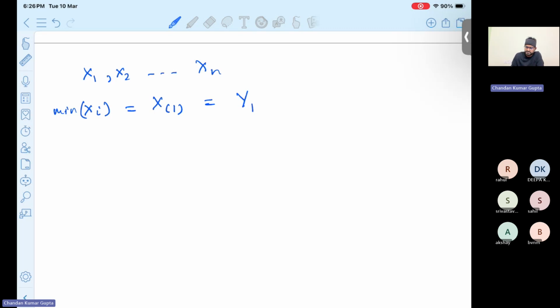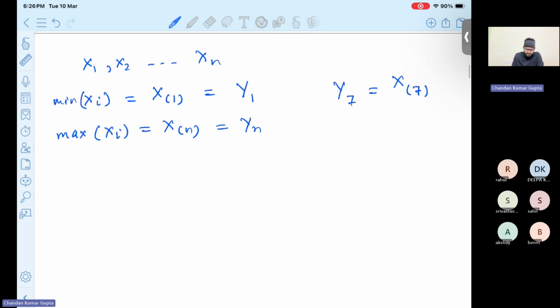In a similar manner, the maximum of xi is denoted as xn, because we have n random samples. So if we are talking about y7, that is the seventh smallest random sample. So this is the notation only.